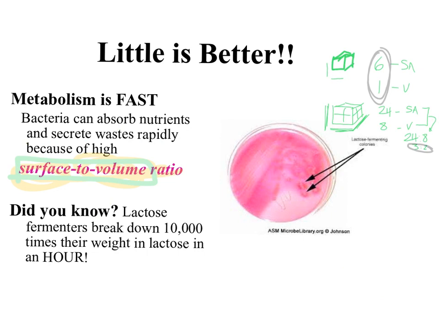So for example, one requirement of cells is to obtain nutrients. An example of that could be glucose. So all of my cells need access to glucose. Glucose is transported around the body via our circulatory system.